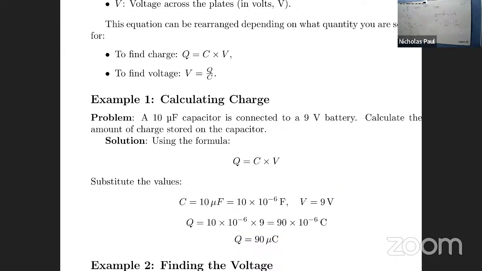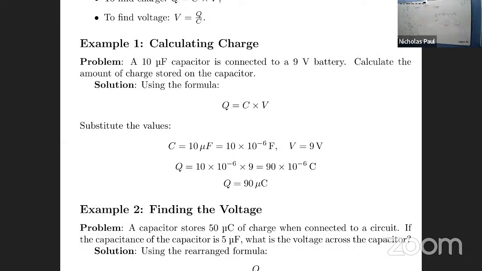Next quick example, find the voltage, please. Find the voltage.